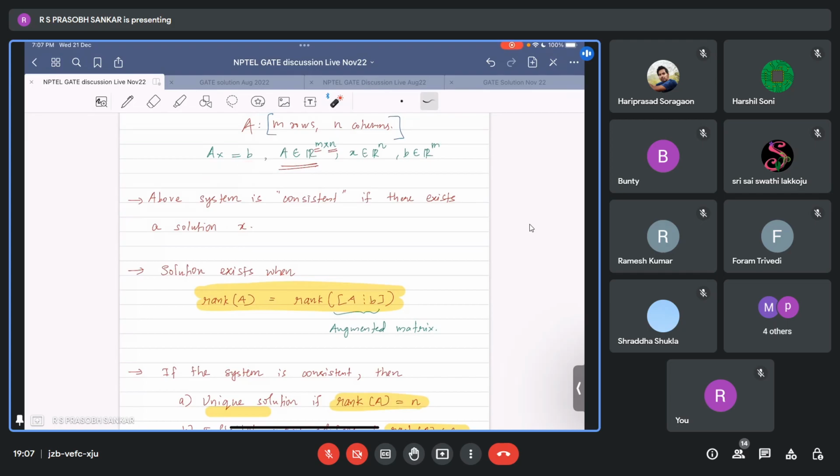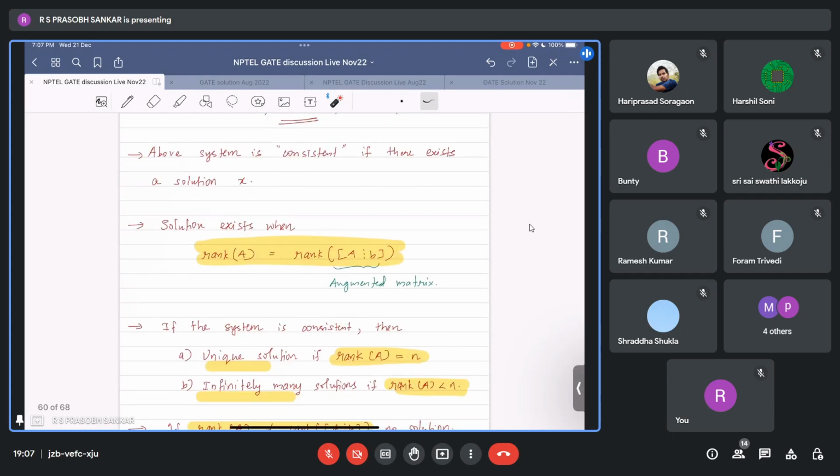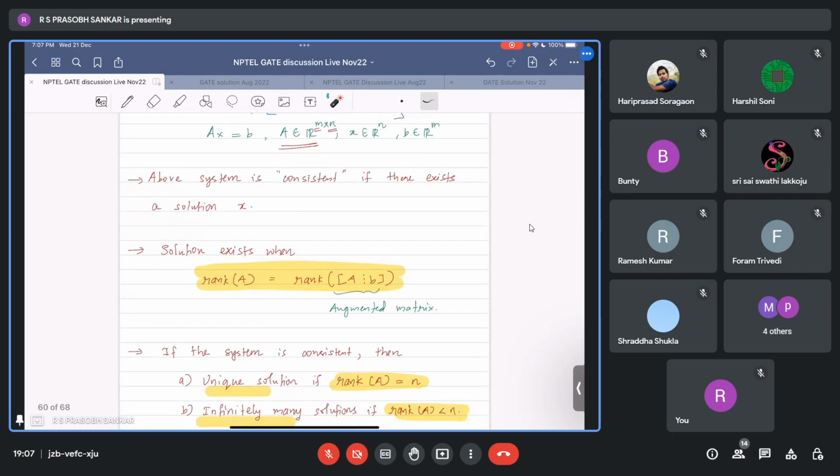That is the meaning of finding a solution. So the system of equations is said to be consistent if there is at least one solution x. Now, what is the condition for the solution to exist? Basically, we want to express this vector b as a linear combination of the columns of A. That is the meaning.